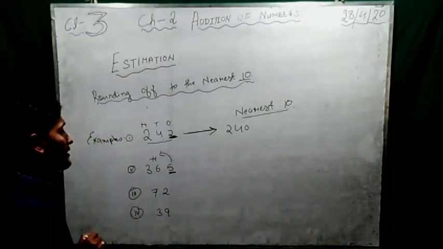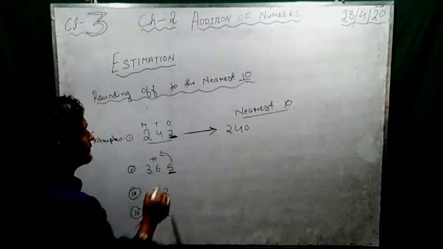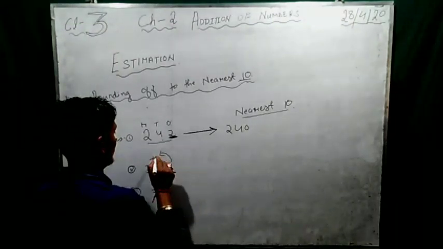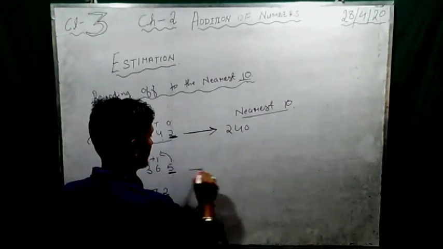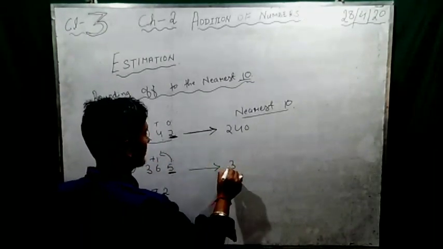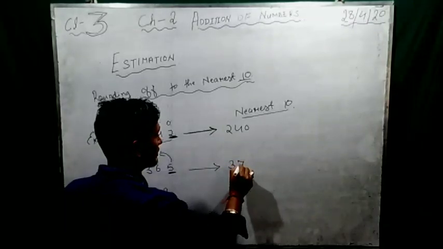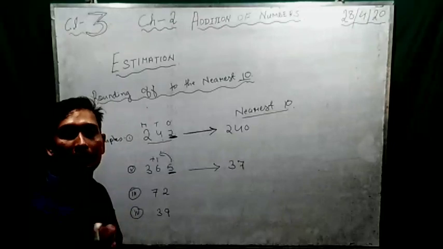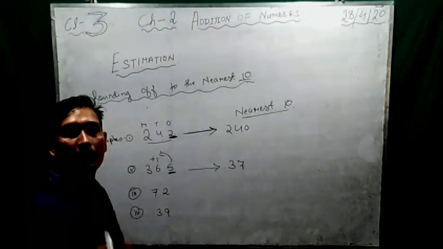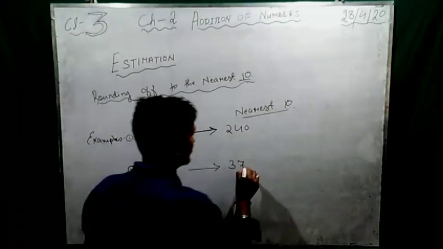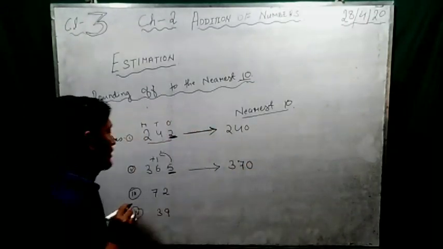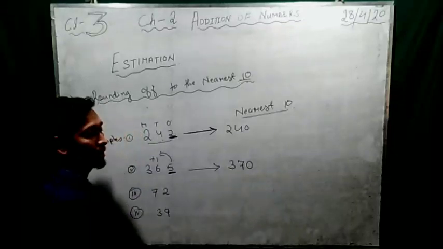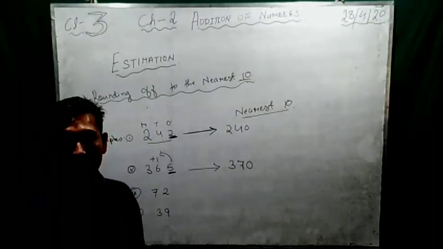If it is 5 or more than 5, this 3 will remain 3 and this 6 will become 7, and the ones digit we replace by 0. We write 0 in the ones place. Clear? So for 365 the nearest ten is 370.